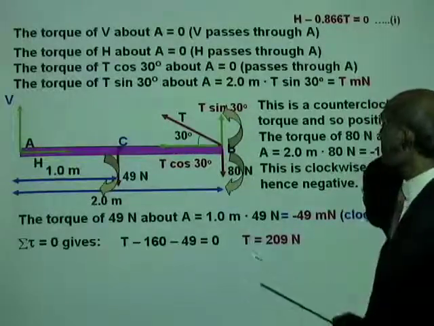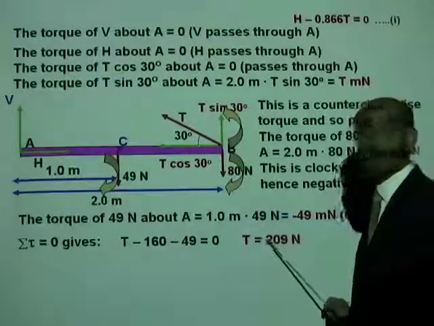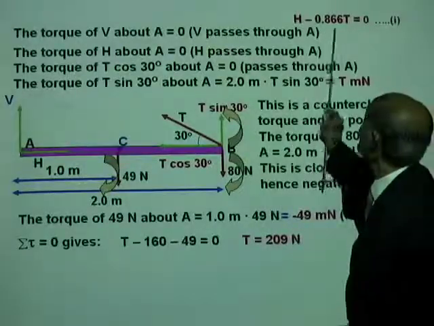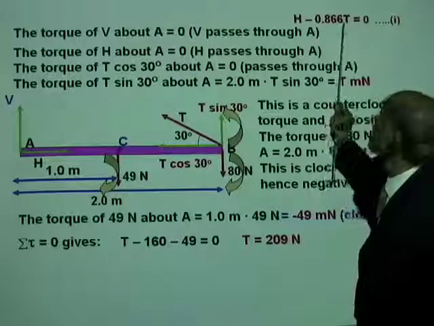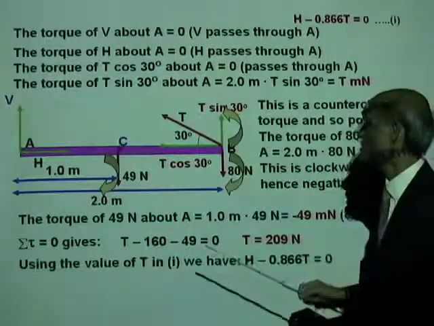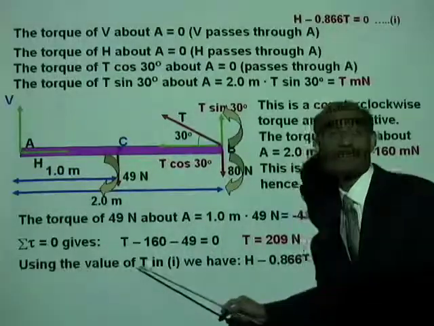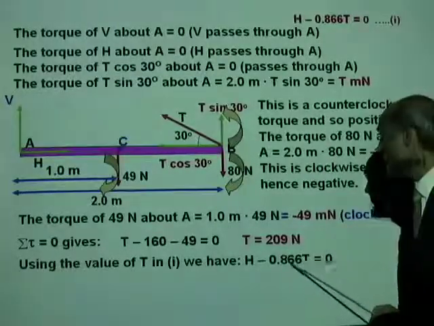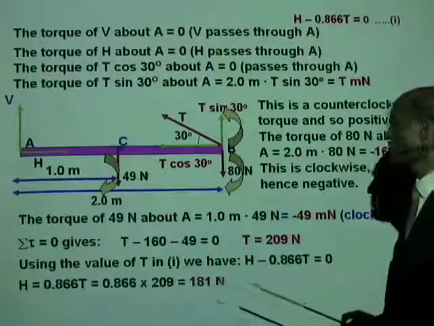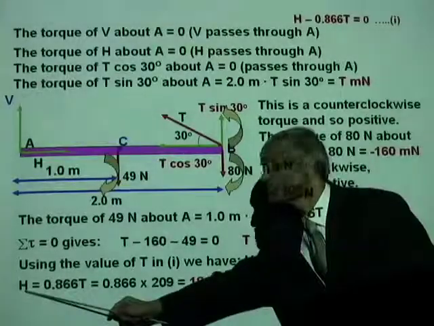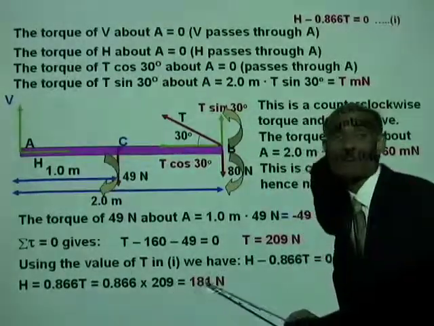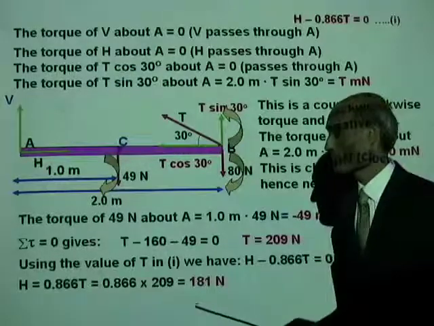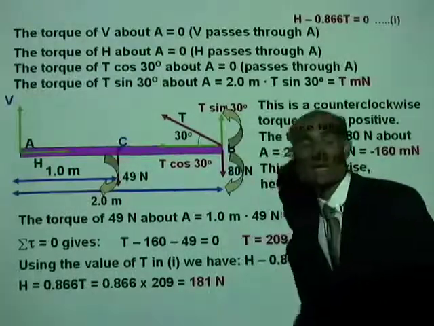We've got the value of T, and once you have the value of T, you can take it to equation 1 and you can get the value of H. So using this value of T in H minus 0.866T equal to 0 gives you H equal to 181 Newton. I just used the value of T there.